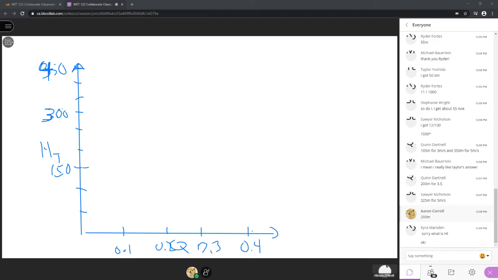So if I'm going to graph my first point, my head is 0 and my flow rate is 0. My second point, my flow rate is 0.07, which is somewhere around here. And then my head that I'm adding is somewhere here, 17.5 meters.